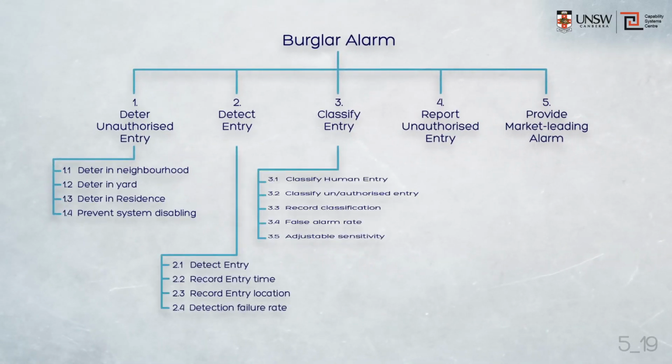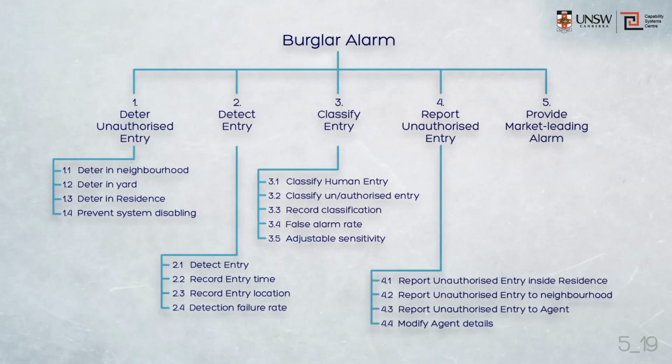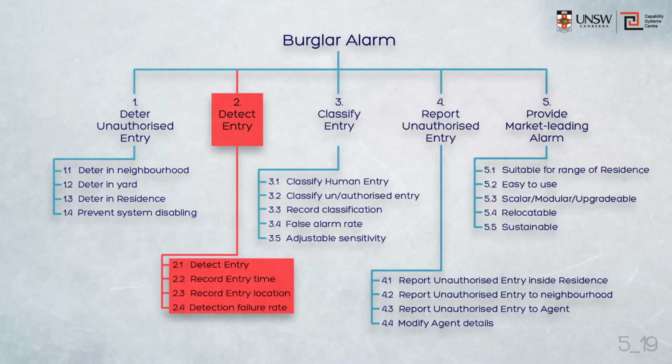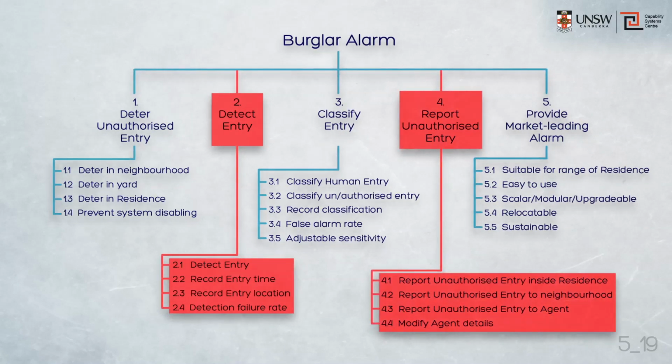The structure helps us when we're performing requirements work because it allows teams of people to be working on the task at the same time without duplicating effort. For example, we could have one team or one person looking at our detection requirements under heading 2, whilst another team or person is looking at reporting requirements under heading 4.